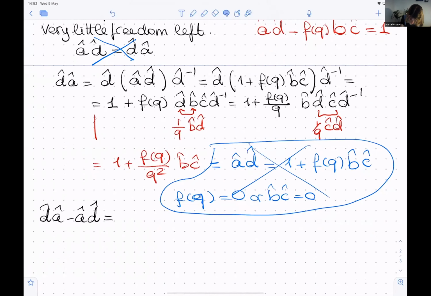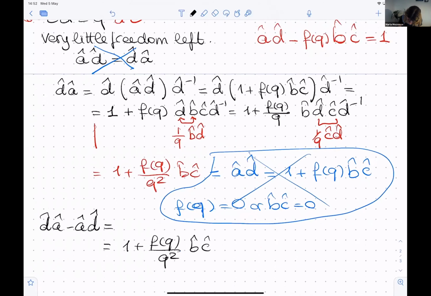So it's equal to 1 plus F of Q squared BC. And AD, I'm going to use the determinant, which is minus 1 plus F of Q BC.